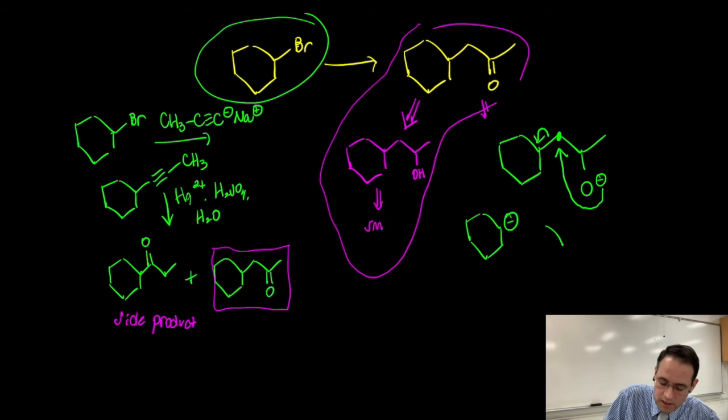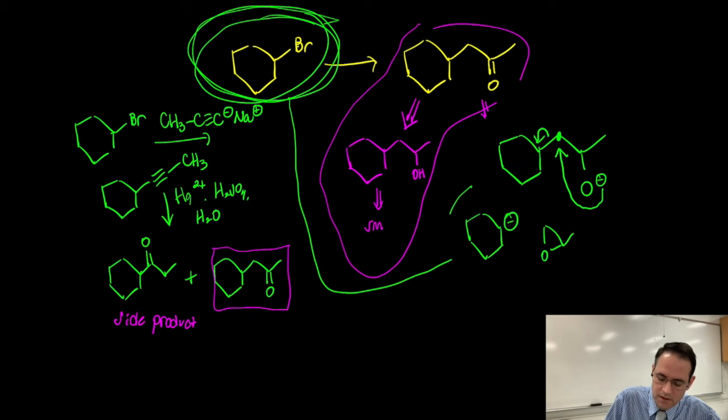And this could come from some kind of carbanion and then an epoxide. Now the thing you need to remember is that carbanions are another form of a Grignard reagent. So let's take a look on the next page.